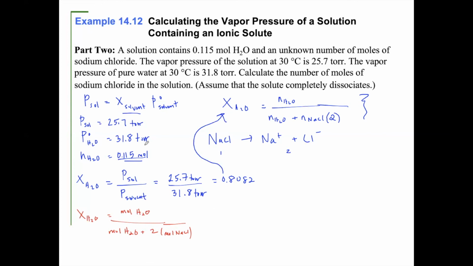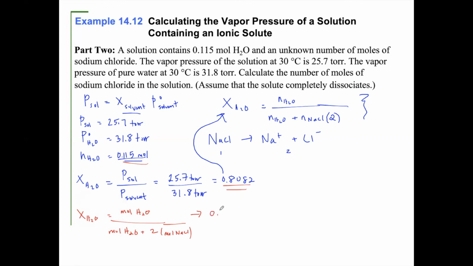Okay. So the moles of water we have is 0.115. Oh, and I should also say, excuse me, I always put an arrow there. Okay, so now this is our mole fraction for water, right?